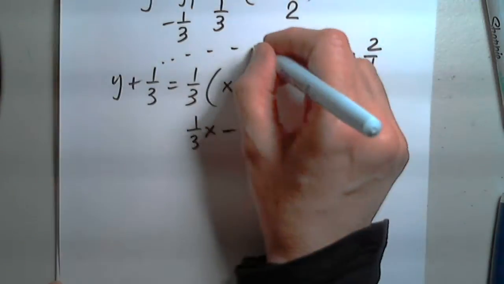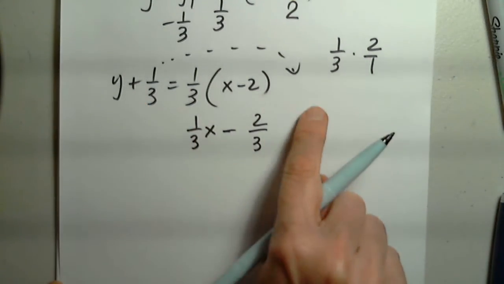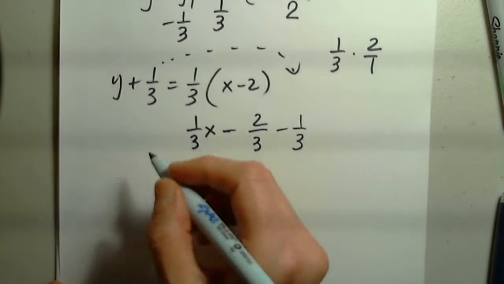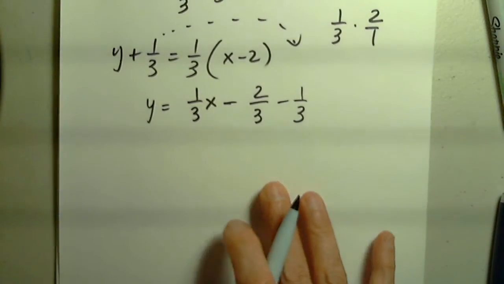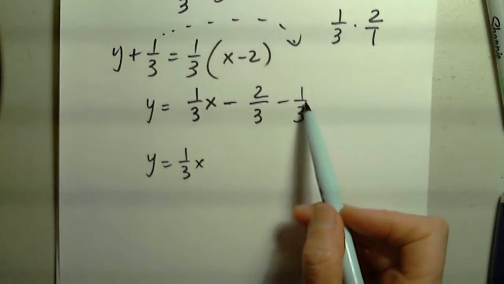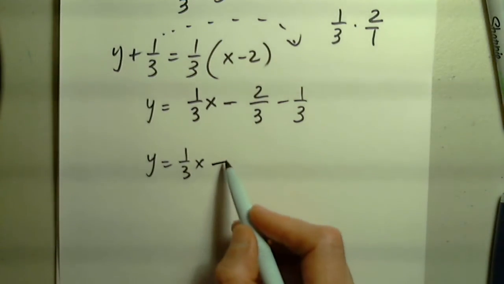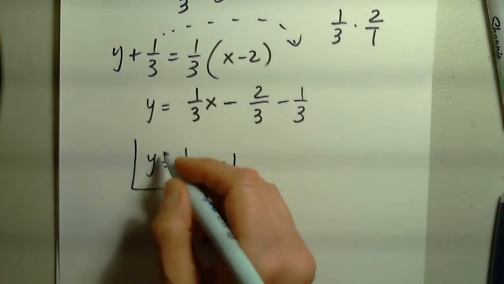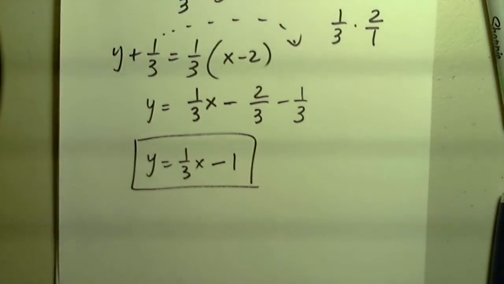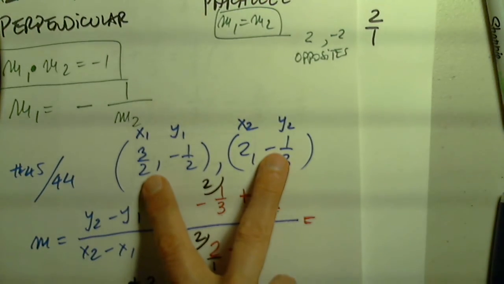But then I have to bring this from the left, which is positive now. It will be negative on the other side. So then y equals 1/3 x minus 2 minus 1. So minus 2 minus 1 is -3. Divided by 3 will be -1. This is the equation of the line passing through the given points.